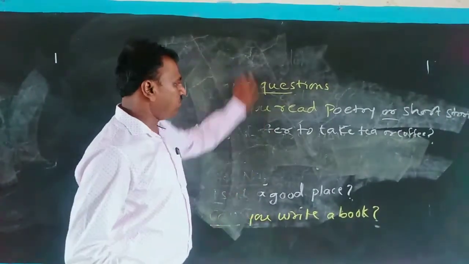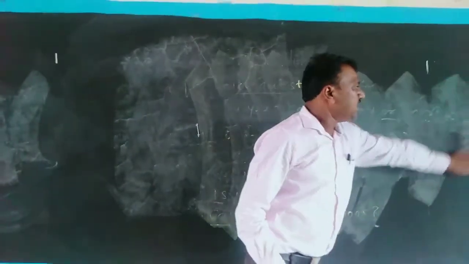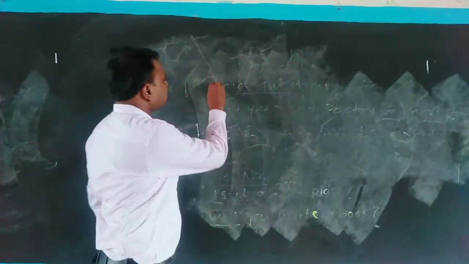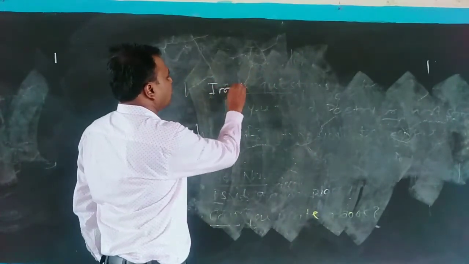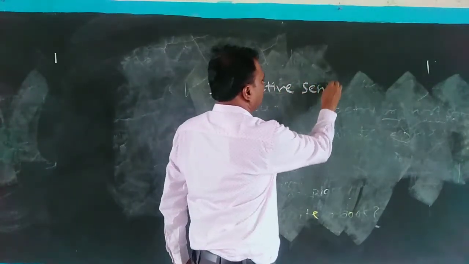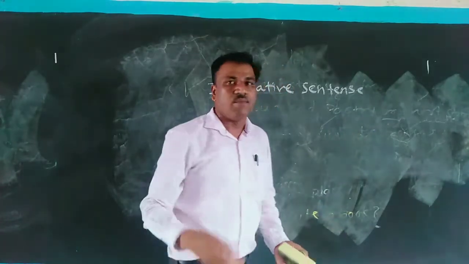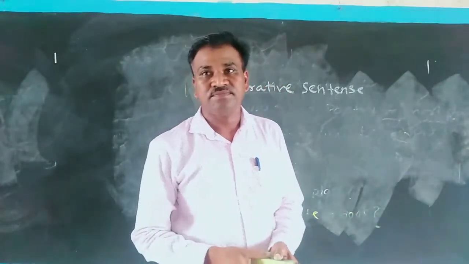The third type of sentence is the imperative sentence. This imperative sentence is used when you are going to give advice or a command to a person.